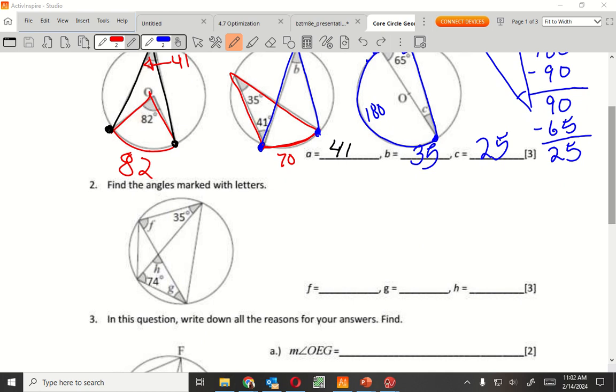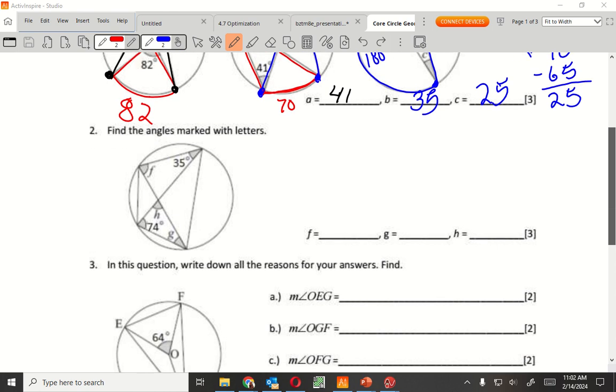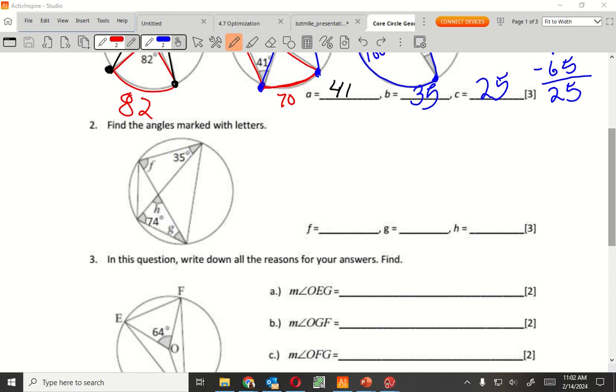Okay, so find the angles marked with the letters. This one right here. We're going to use the same information we just did for the last one, but now this one just looks a little bit more complicated. So I'm going to start with here and here. What type of angle is that?